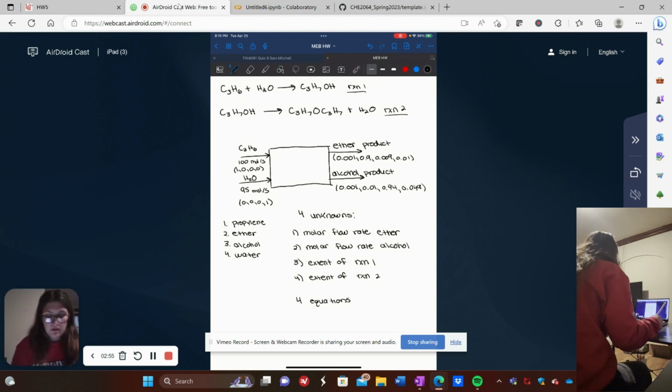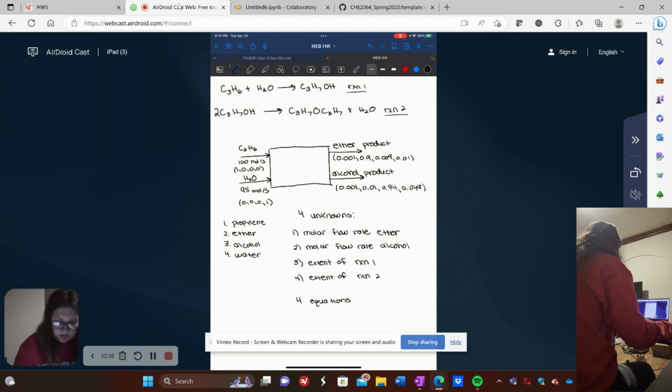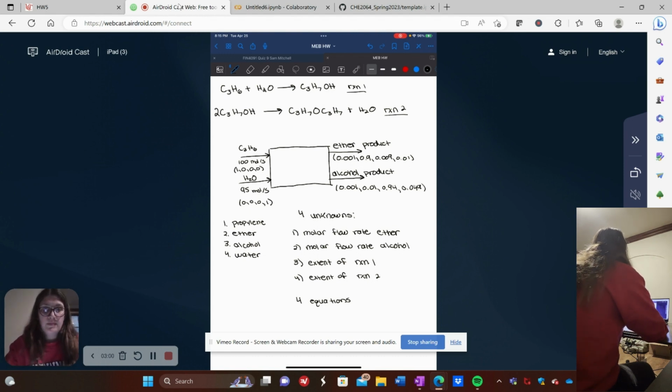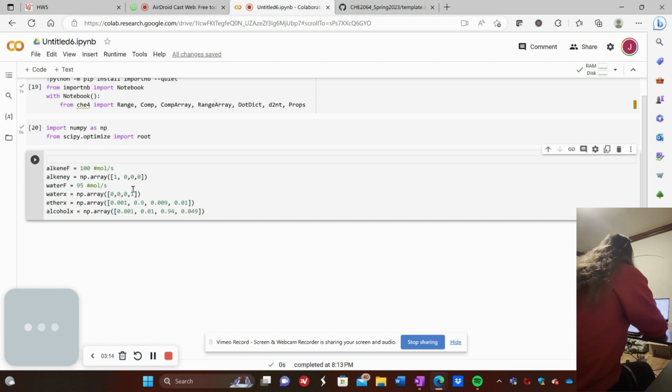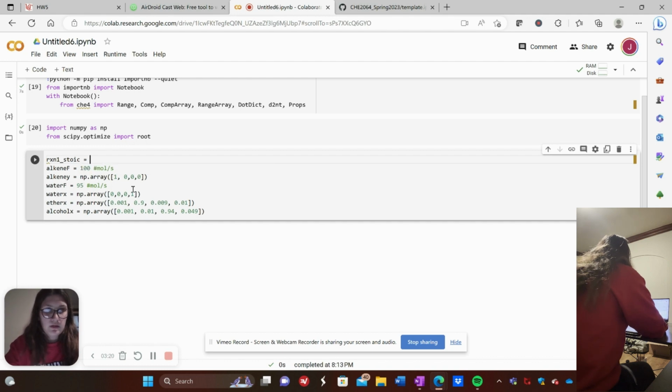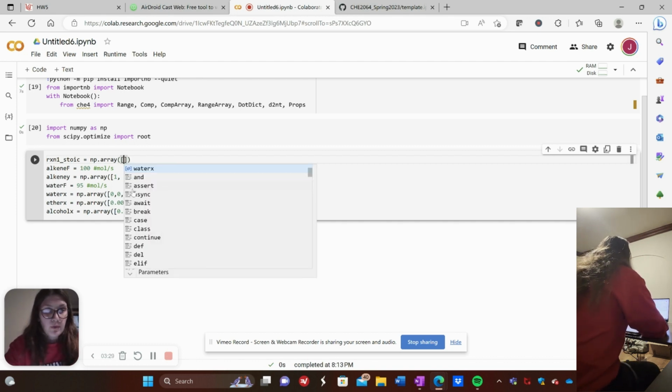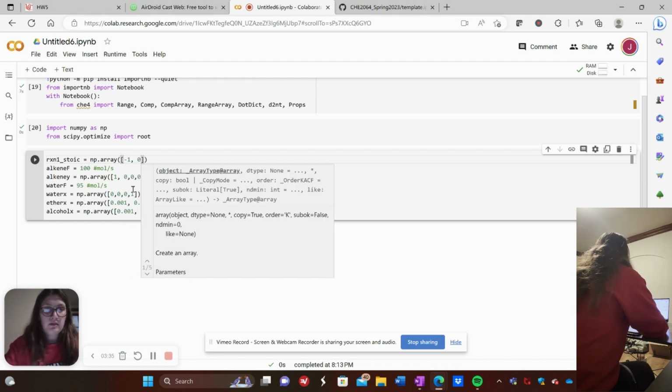And speaking of, to balance our equation, this needs to be a 2 right here, so that would help. When we type this out in our code, we're going to have our reactants be negative and our products be positive. So we have reaction 1 and reaction 2. Reaction 1 stoic is equal to np.array. First we have our propylene, which was a reactant, so that's a -1. We had no ether.